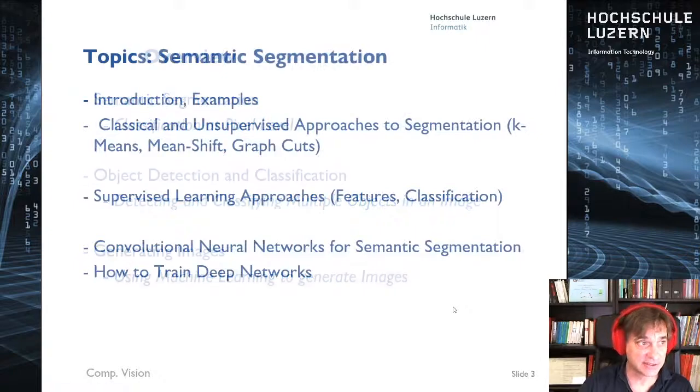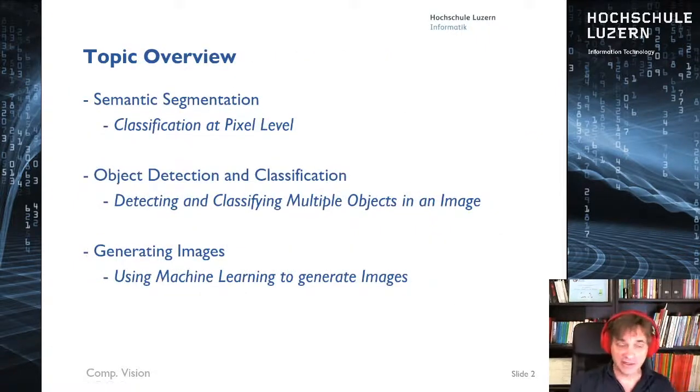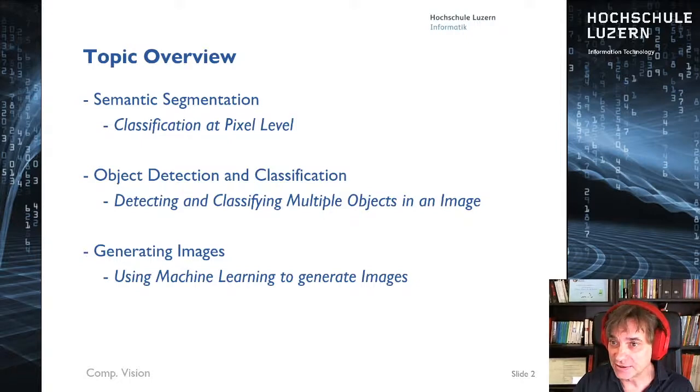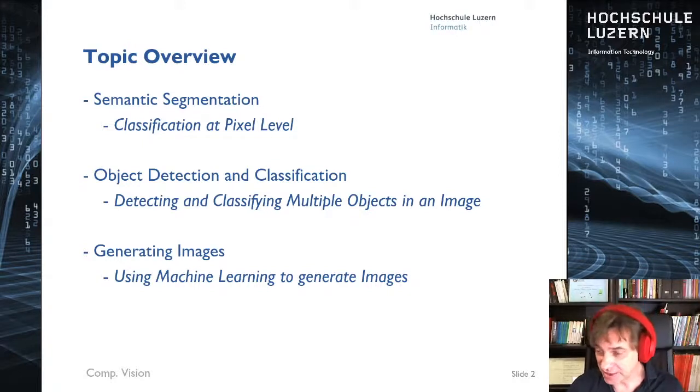Okay, so the first topic today will be semantic segmentation. But I would also like to quickly outline what we're going to do for the rest of the course. We will have three main topics. The first one is semantic segmentation. Then we will have a topic of object detection and classification.